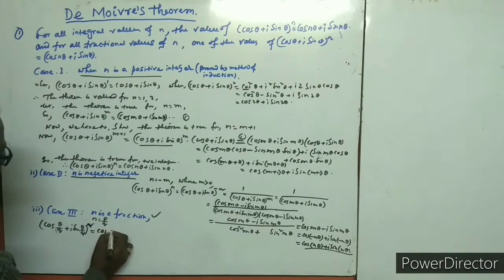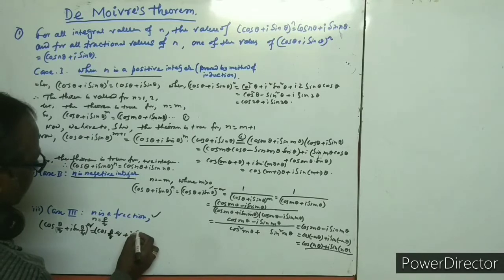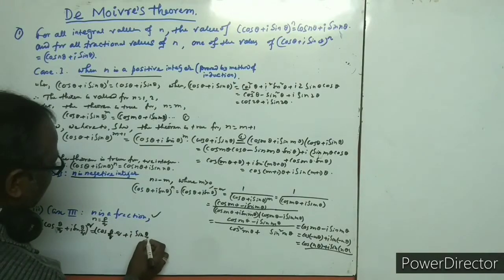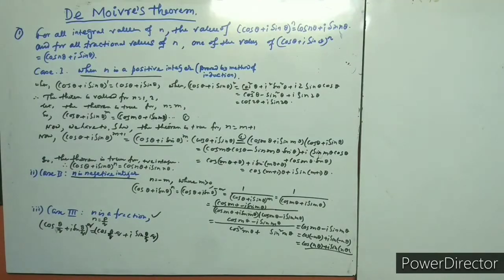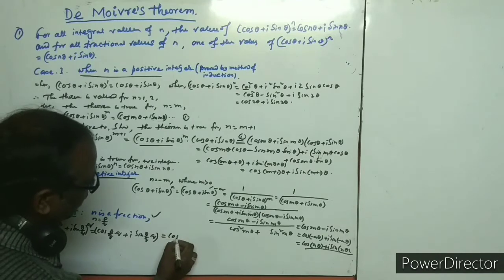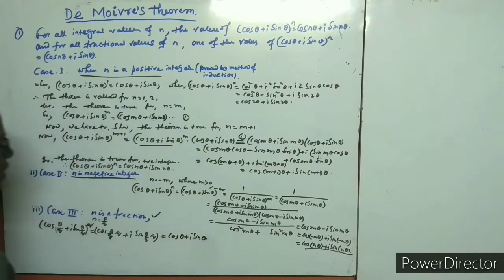So (cos θ/q + i sin θ/q) to the power q gives cos θ/q into q, i sin θ/q into q. q is a positive integer. Okay, so the q's are cancelled. So we can write here cos θ + i sin θ is this.